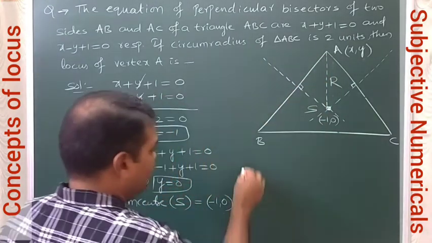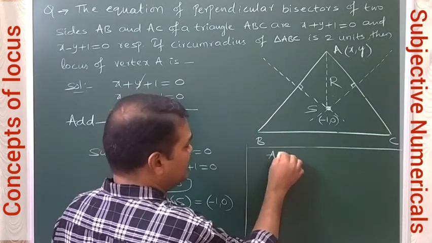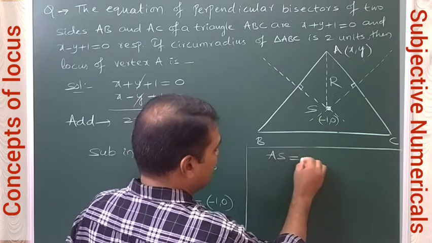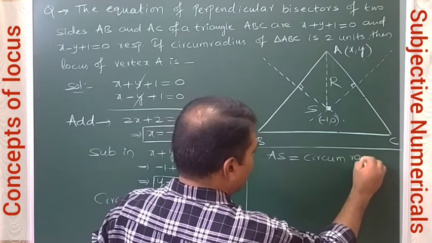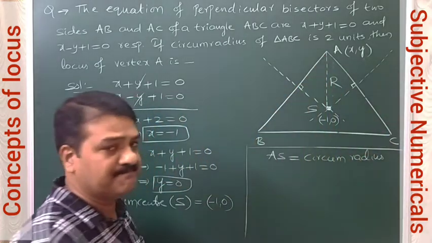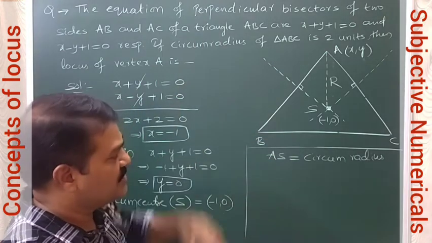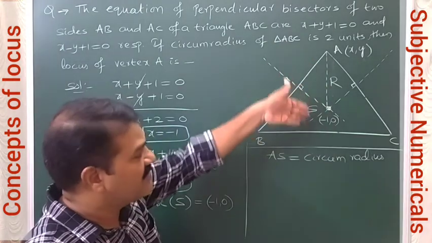So from figure it is clear that AS, sorry, AS will be circumradius from figure. So AS is nothing but line joining vertex to circumcenter. So this AS circumradius is given as 2 in the question. Now we know A, we know S, use distance formula.